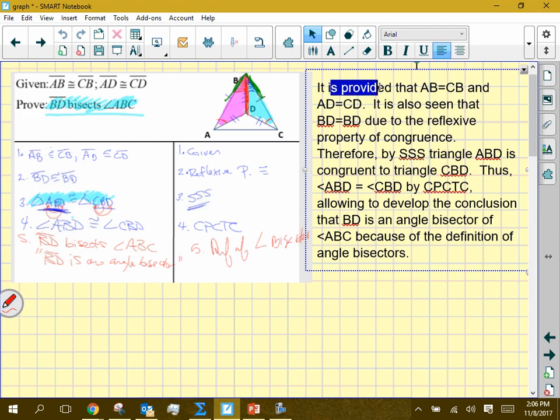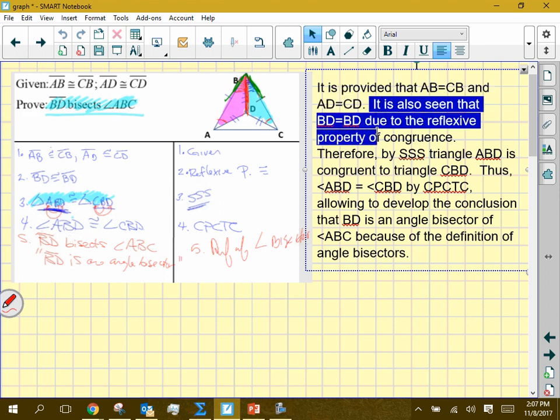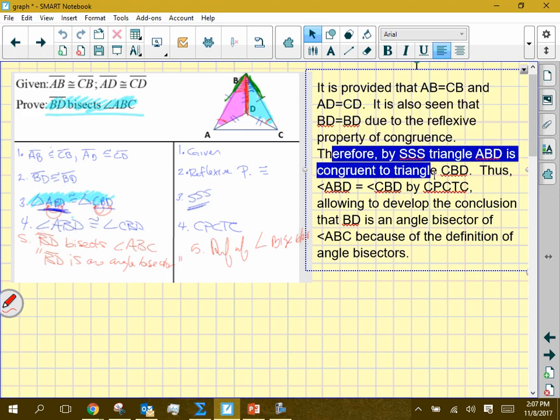You can do it this way: you can go sentence by sentence. First sentence is statement and reason number 1, right? Second sentence, statement and reason number 2, right? Third sentence, statement, reason number 3, right?